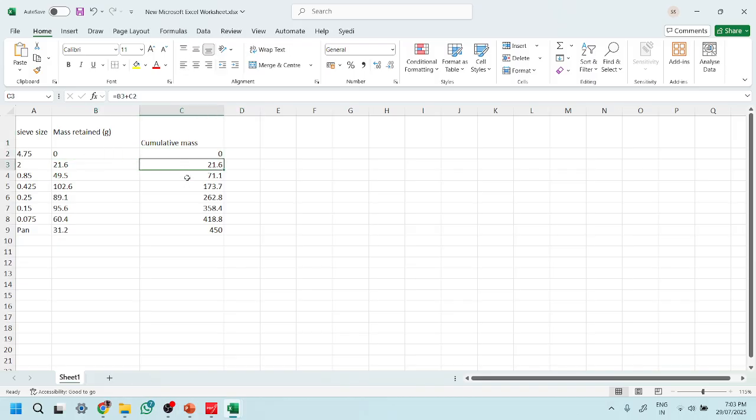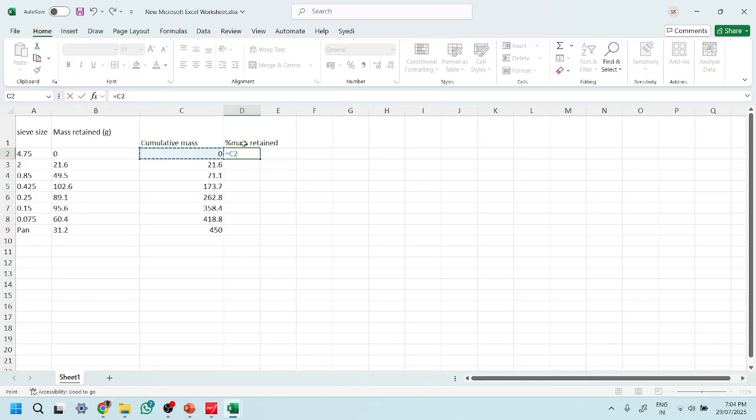This is the cumulative mass, and then we have the percentage retained, which will be our cumulative mass divided by the total, into 100.